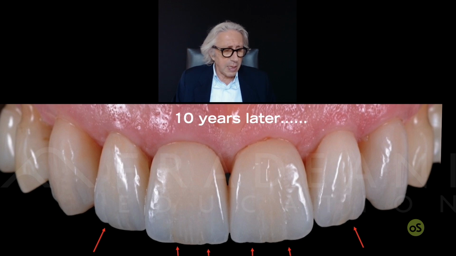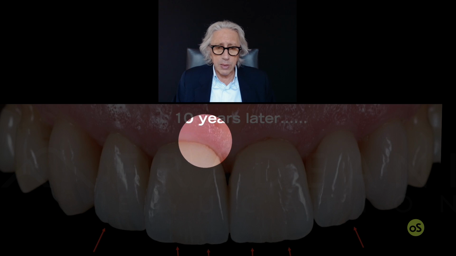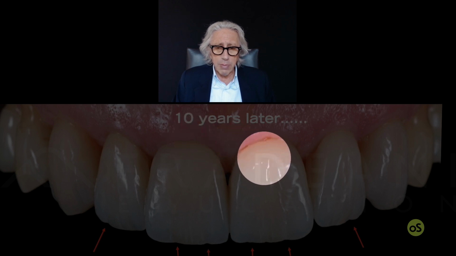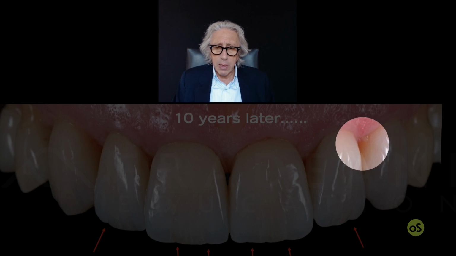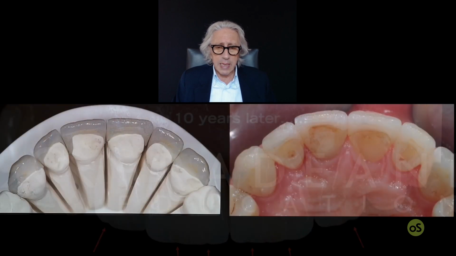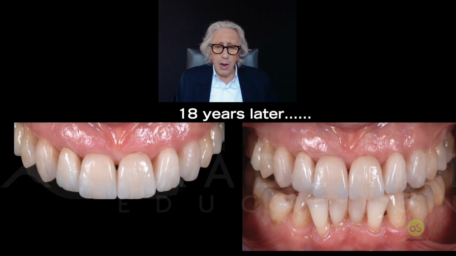You can see the time is passing. You see there's some little discoloration on the margins. It's like becoming separate gingival margins, but still very good fit, no problem at all. 10 years later, the lingual part also seems to be very good, completely maintained. And now it is 18 years later.